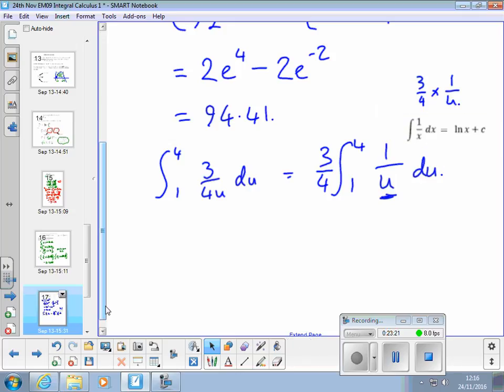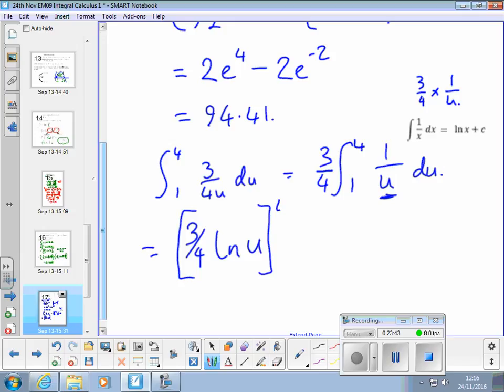Okay, so now we can write out this integral. The integral of 1 over u is ln u, and then we've got to multiply it by 3/4, and we're interested in that between the limits of 4 and 1.